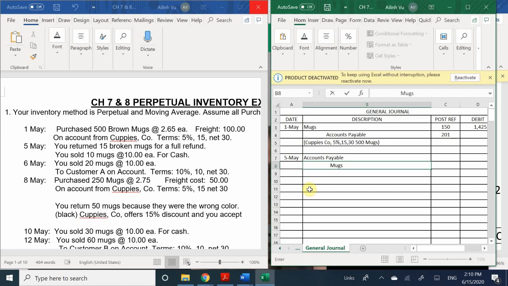So we need to make sure that we know that. And I'm going to indicate right here: returned 15 mugs, full refund on purchases May 1st.